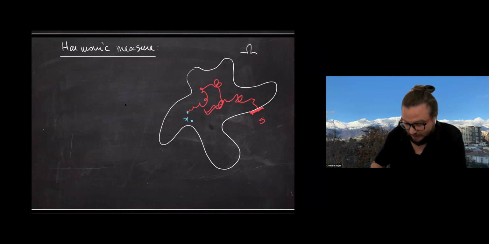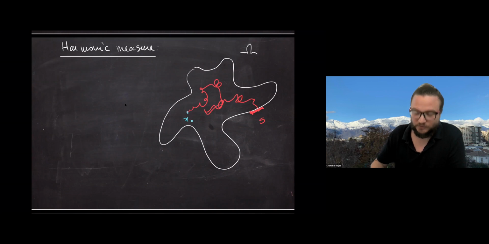So actually, if we can sample Brownian motion, we can throw many of them and count how many of them exit through S, and then we can approximate the probability by this sample.